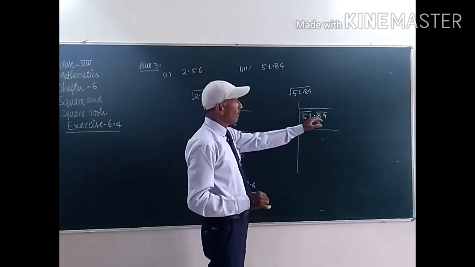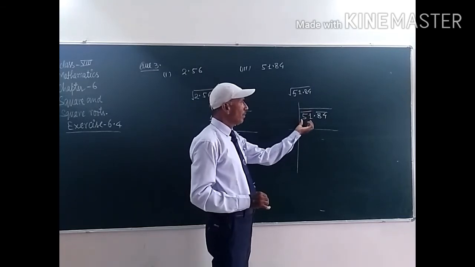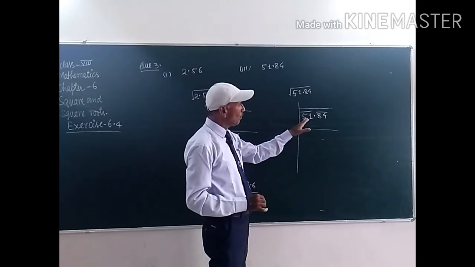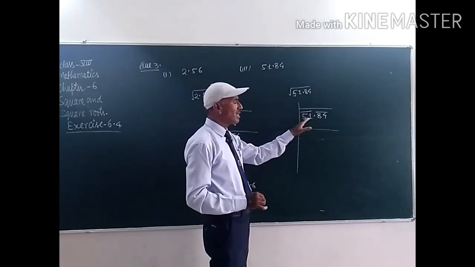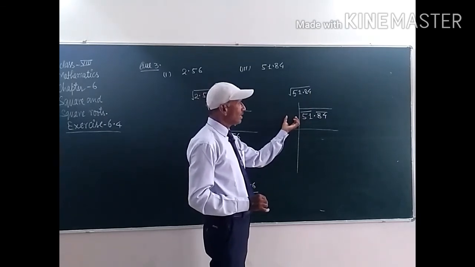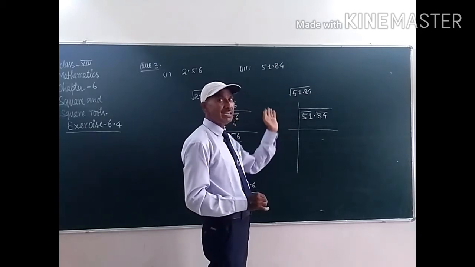This number is 51.84, student. So this one is under the first bar, that is 51, student. So we have to take a number whose square is less than or equal to 51. So student, there is a number 7, 7 7s are 49, and 8 8s are 64.